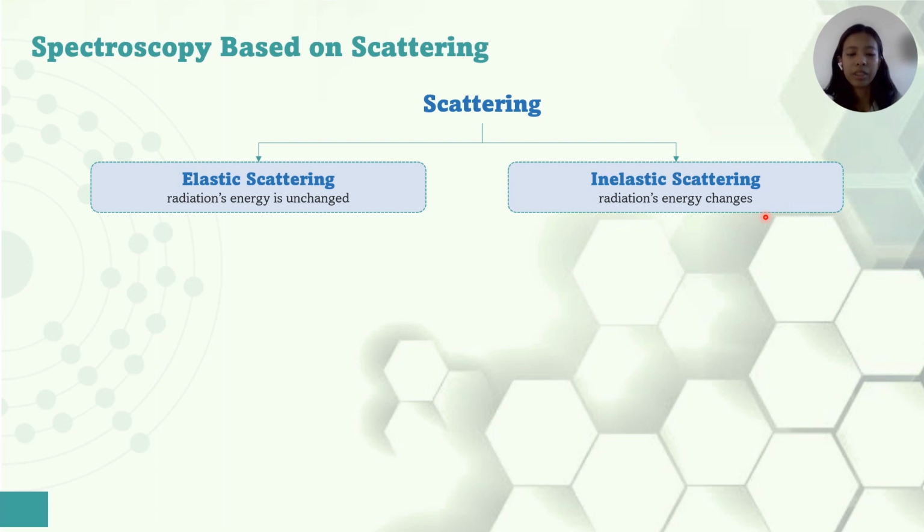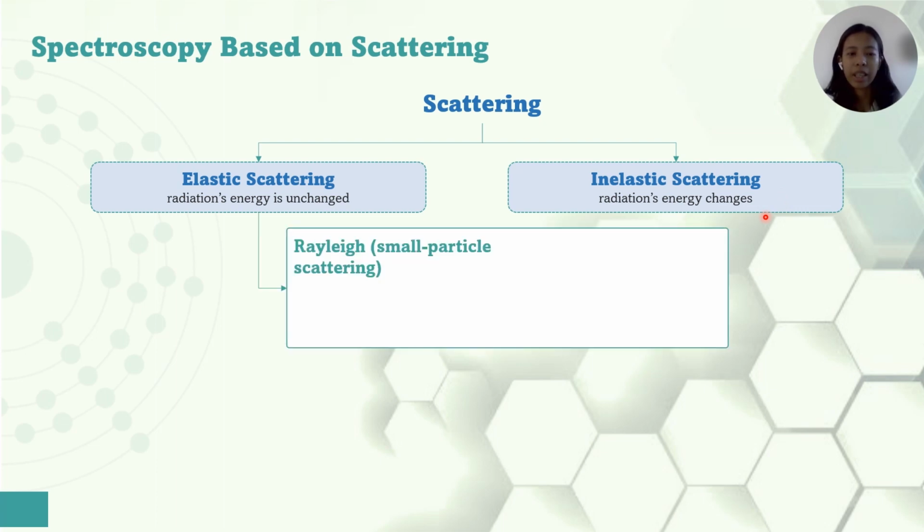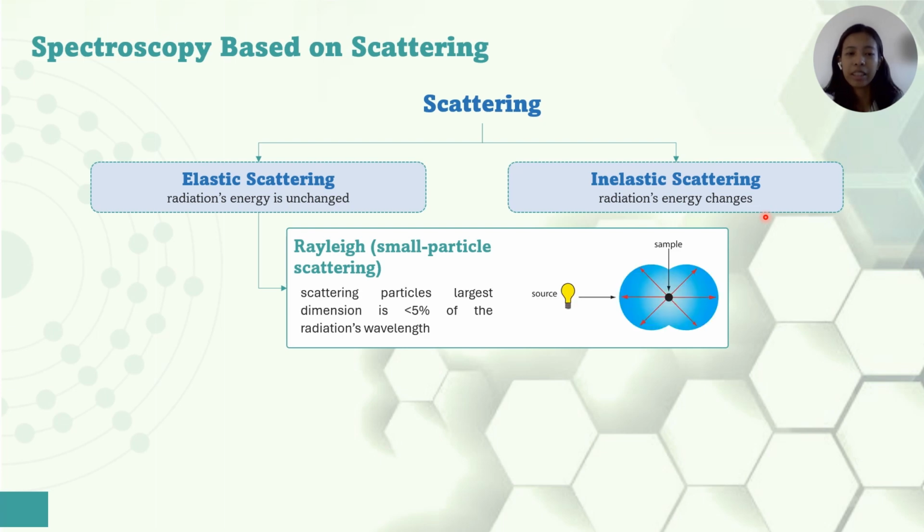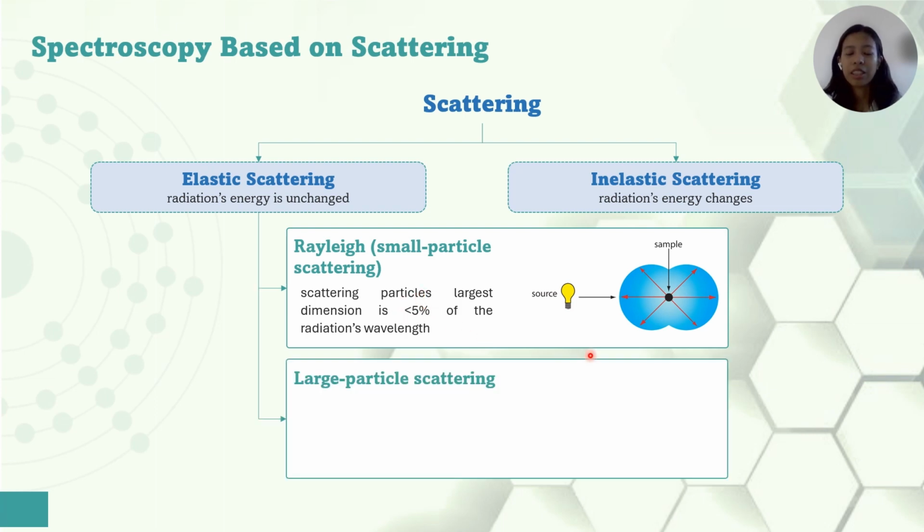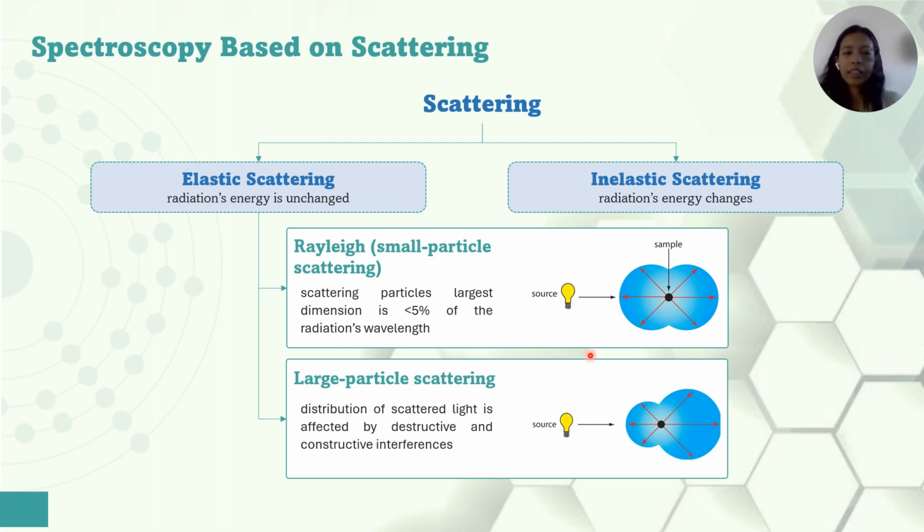We have Rayleigh or small particle scattering, where the scattering particle's largest dimension is less than 5% of the radiation's wavelength. The second one is large particle scattering, wherein the distribution of scattered light increases in the forward direction and decreases in the backward direction as affected by destructive and constructive interferences.